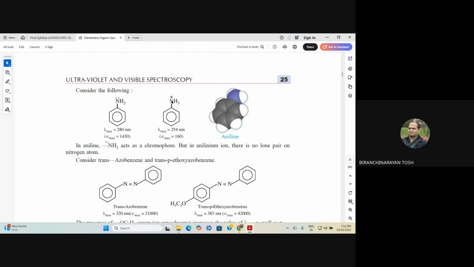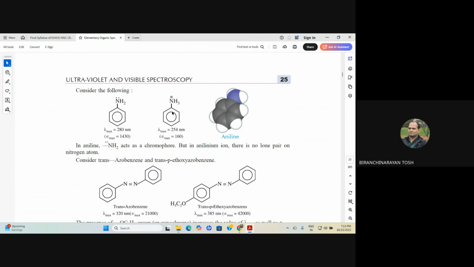But when the lone pair of electrons is bound with H plus, giving the anilinium ion, the lone pair is not there. So the n to pi star transition is not there, because n to pi star transition requires lesser energy. So the absorption maximum moves towards higher energy or lower wavelength. Which was 280 nanometer, now becomes 254.